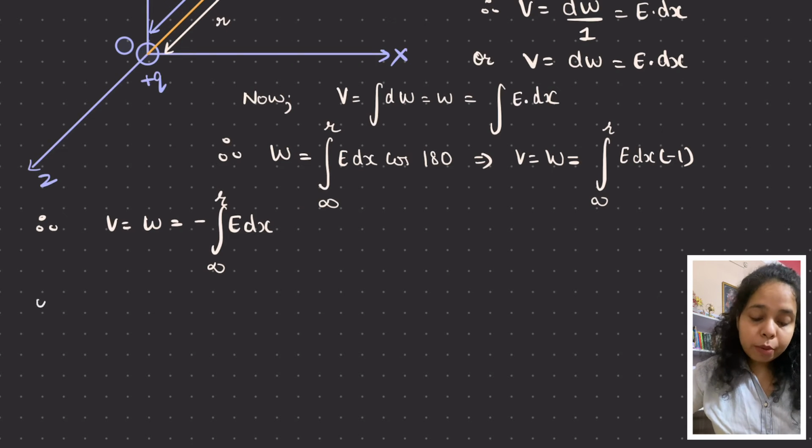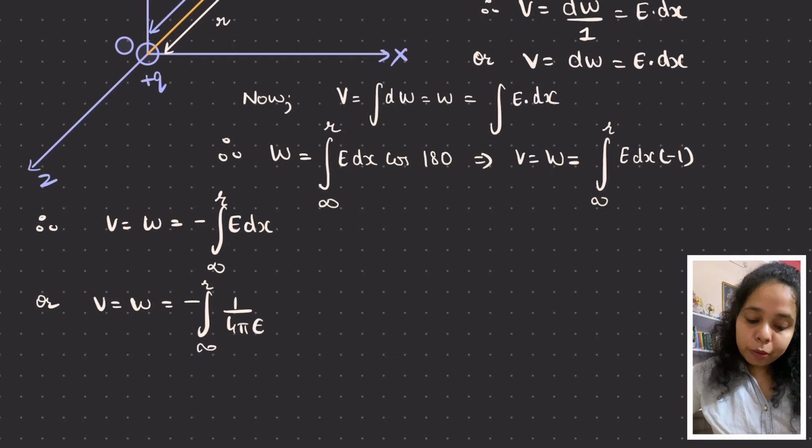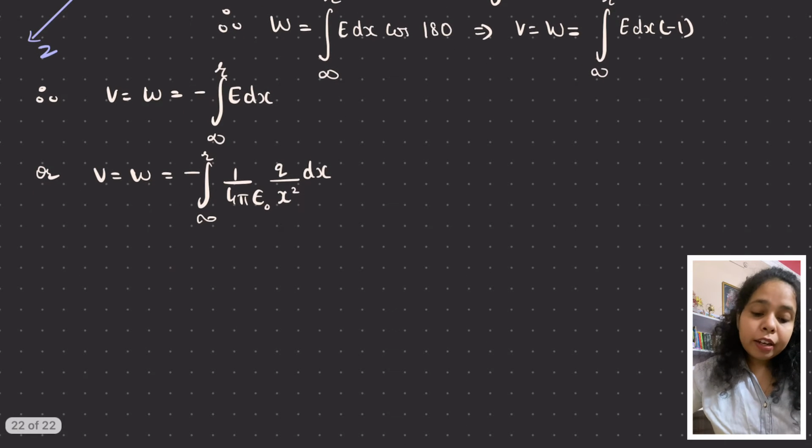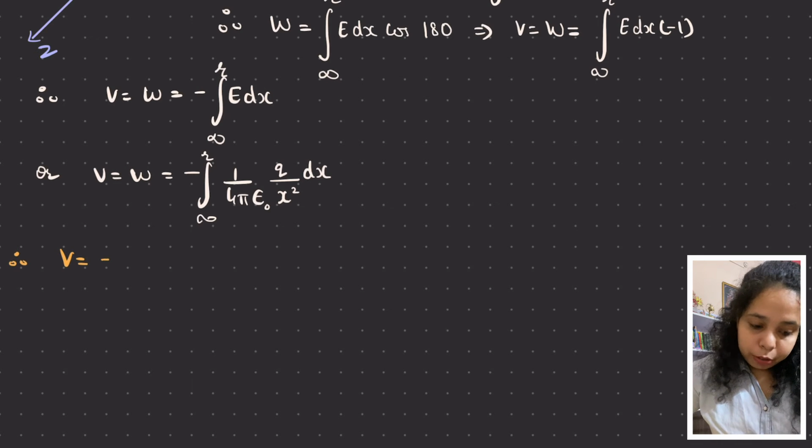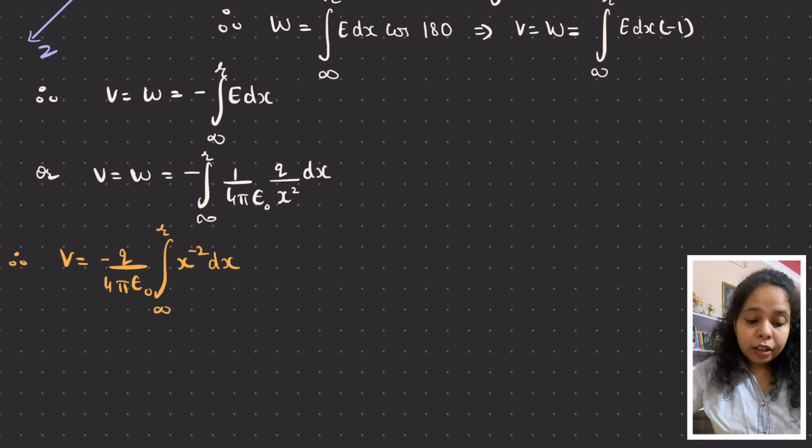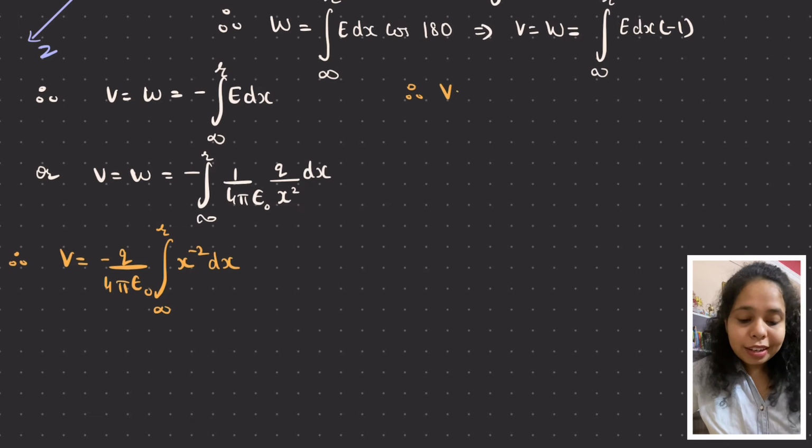We are already aware of the value of E. Therefore, we can say V is equal to W is equal to minus integral infinite to R 1 upon 4 pi epsilon naught Q upon x square dx, because initially we are placing the charge at point A. So we have V is equal to W is equal to minus Q upon 4 pi epsilon naught integral infinite to R x raised to power minus 2 dx, and we will take the constants out of the integral because these are not required inside the integral.